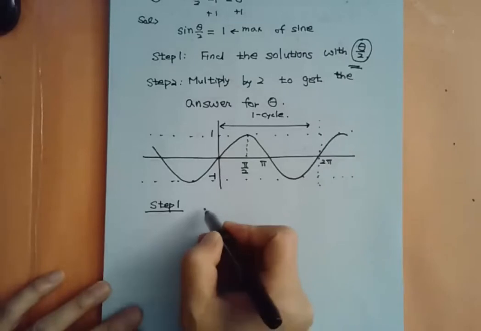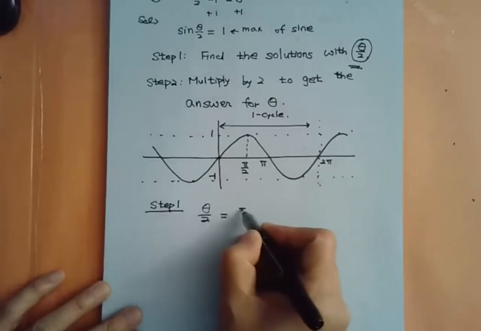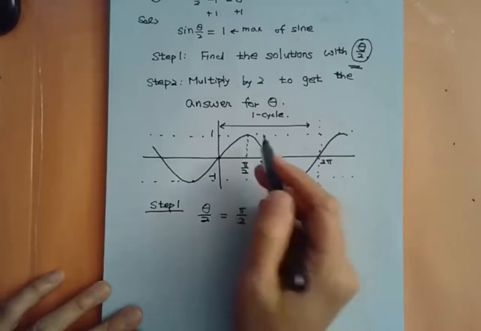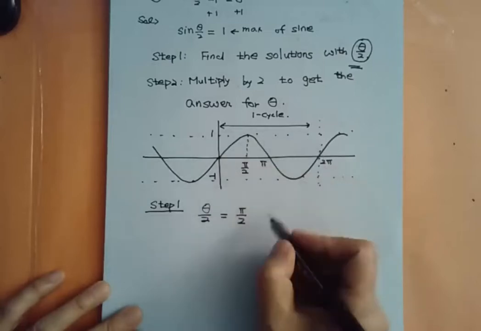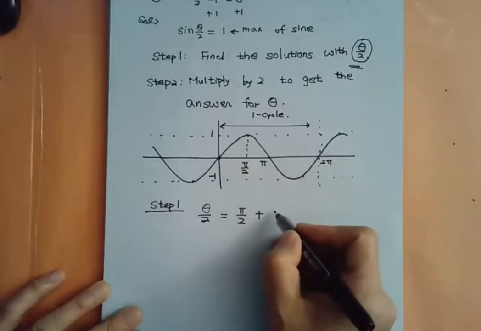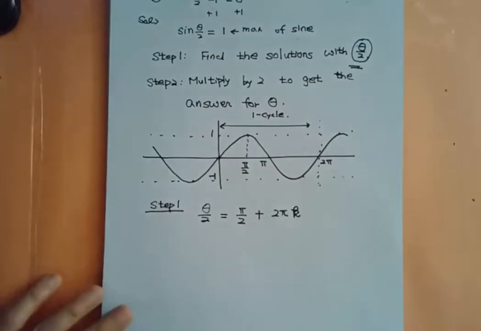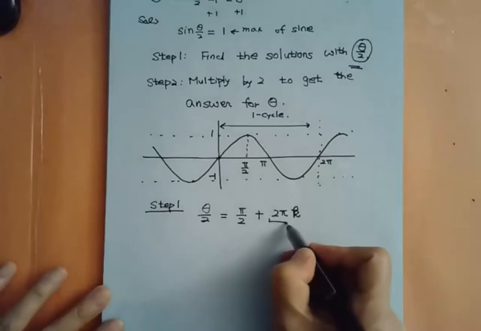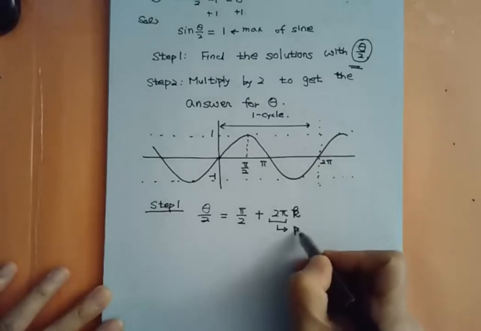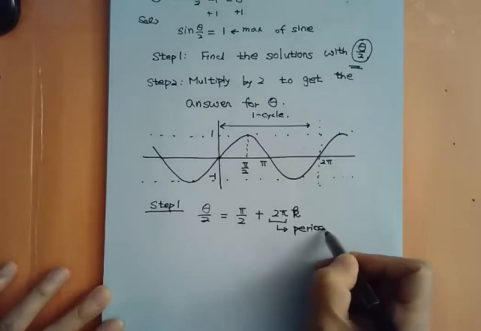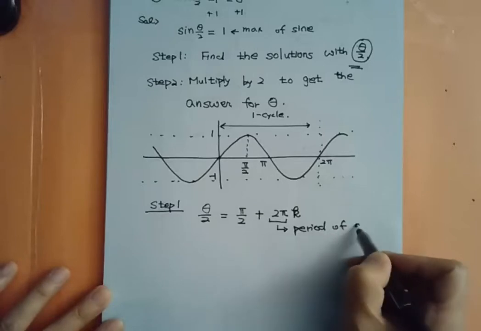So we write theta over 2 equals the only solution in one cycle plus 2 pi, which is the cycle of sine, times k, because sine is a periodic function. This is the period of sine.